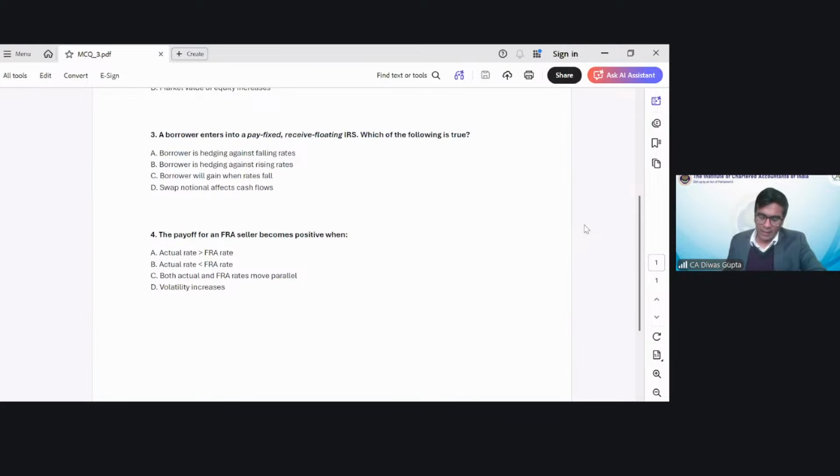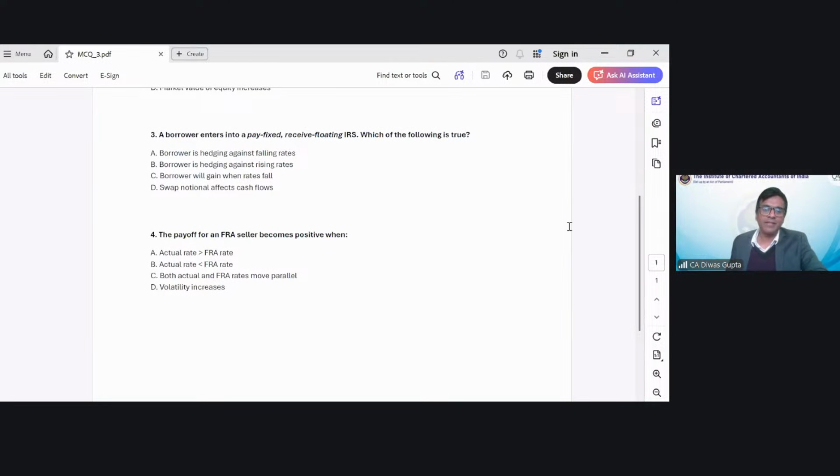The last one, the payoff for an FRA seller becomes positive when forward rate agreement seller, that means the investing position, and it will be positive when the actual rate is higher than the FRA rate, actual rate is lower than the FRA rate, both actual and FRA rate move parallel, or volatility increases.